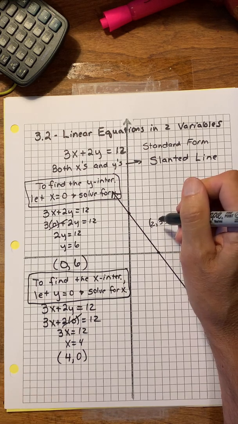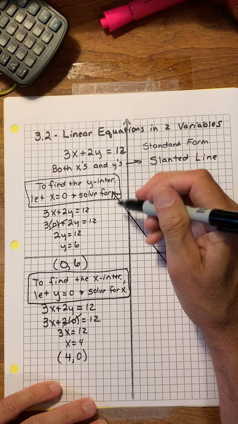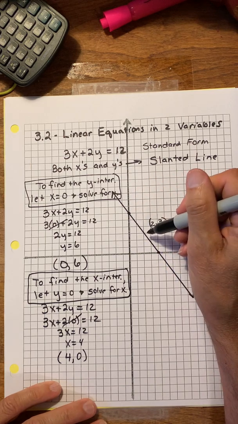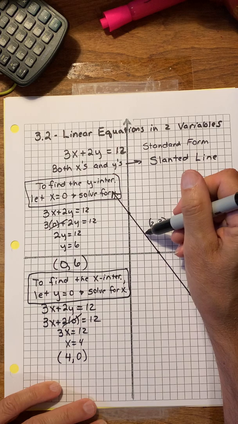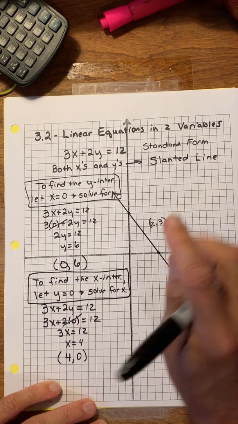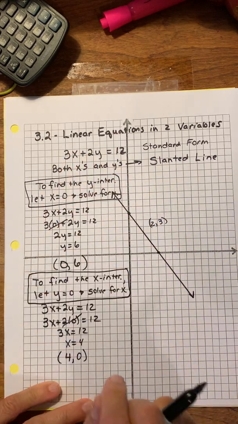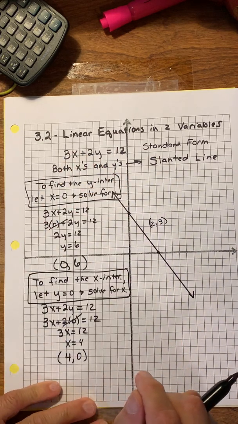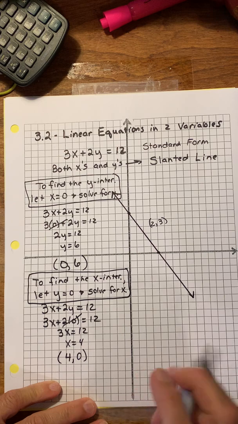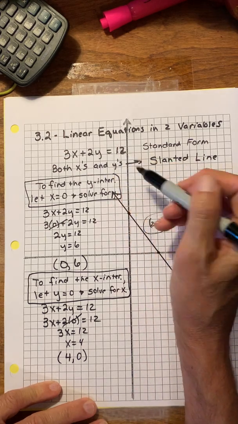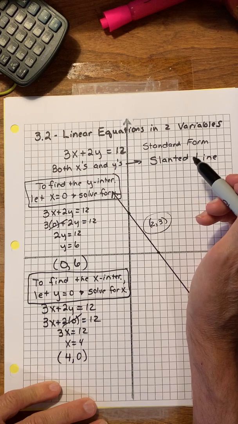And here's a good reassurance. I don't have to draw my line so accurately as to go exactly through the point (2, 3). I can find out if this point is on this line by a simple algebraic strategy. I can substitute (2, 3) into this equation and see if it gives me a true statement.